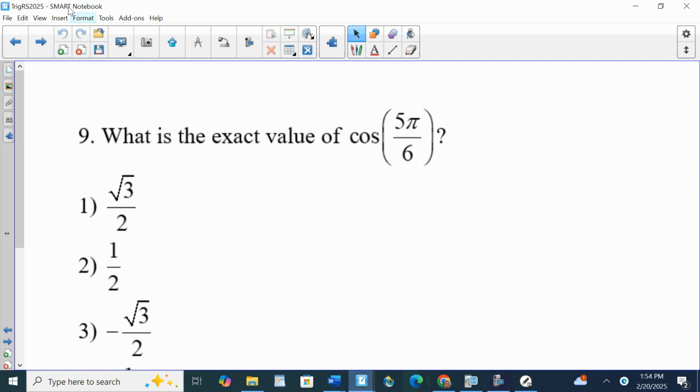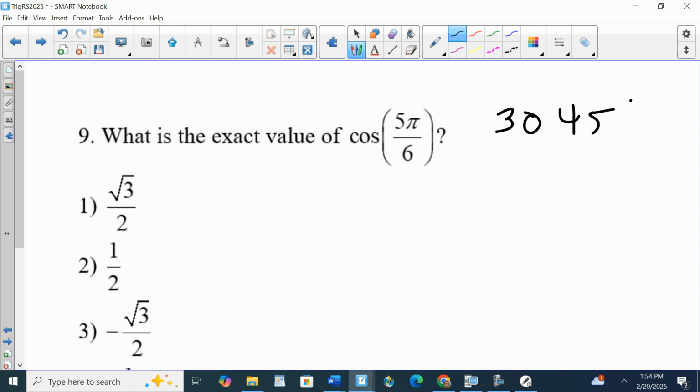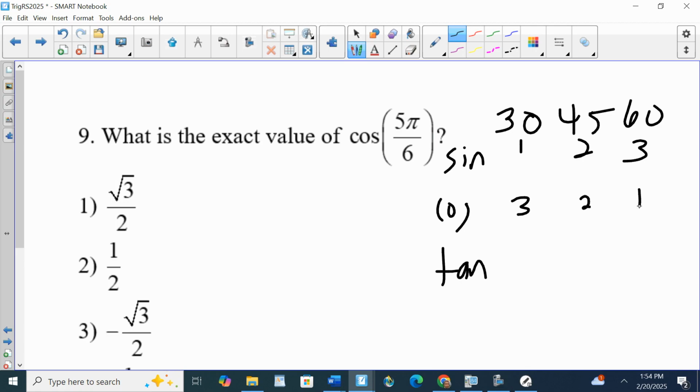Okay, next up is exact value. Exact value is your QSFR. So first of all, you need to know your special table. 30, 45, 60, sine, cosine, tangent: 1, 2, 3, 3, 2, 1, 3, 1, 3.